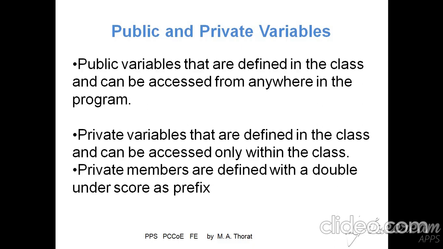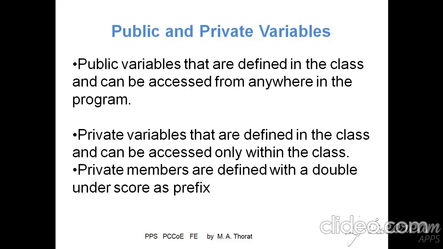Just to differentiate between public and private members, we put two underscores as a prefix for the variable name. If there are two underscores before the variable name, it is a private variable, and generally without any underscore it is a public variable of a class.